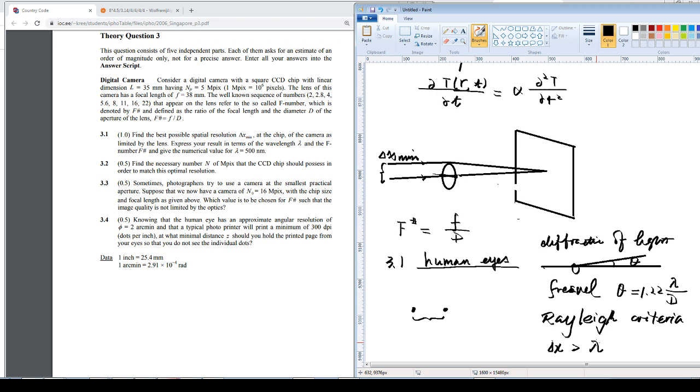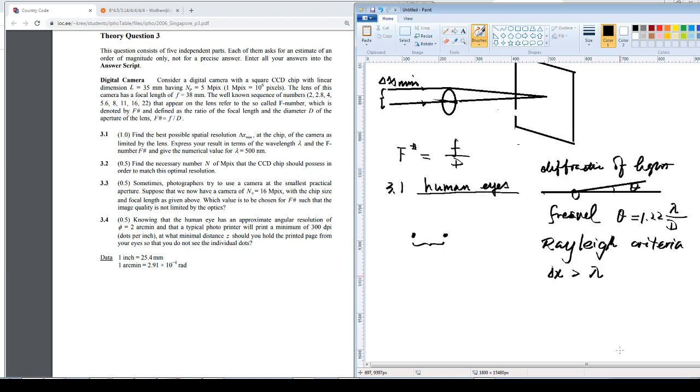Also, this is the reason why we use a very powerful microscope based on electrons, because we need to increase the energy of the electron such that, through the de Broglie wave equation, the wavelength of the electron can be much, much smaller than the wavelength of visible light.